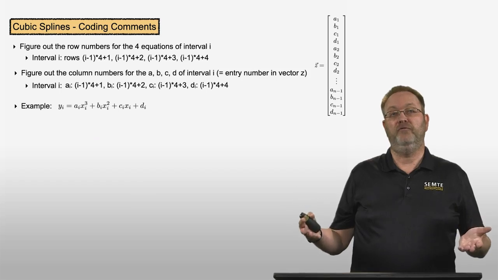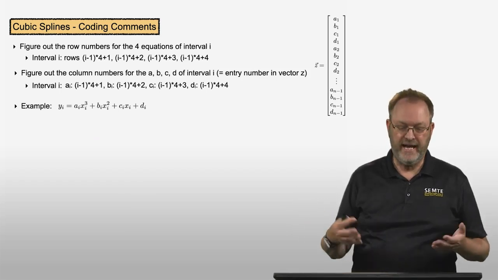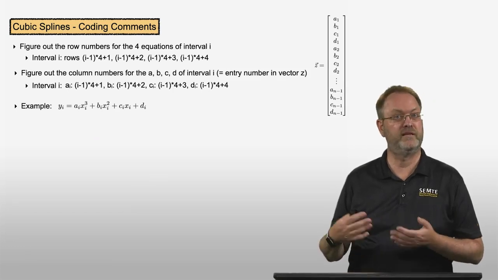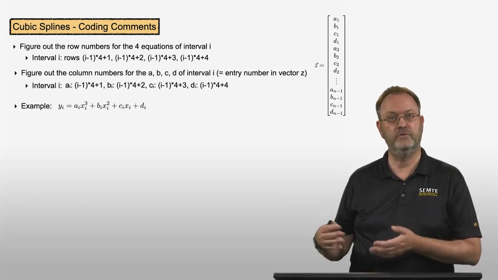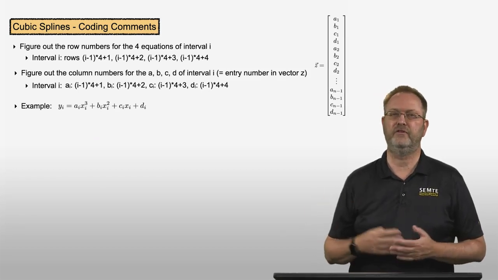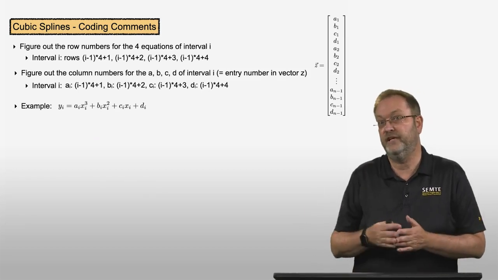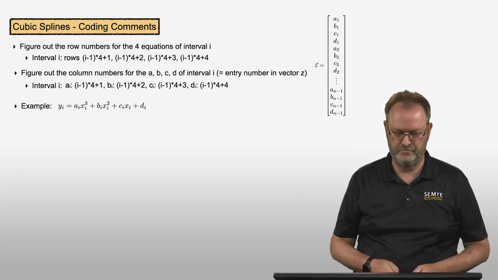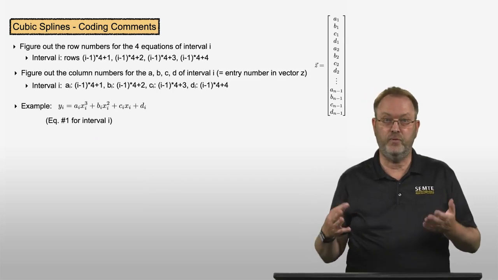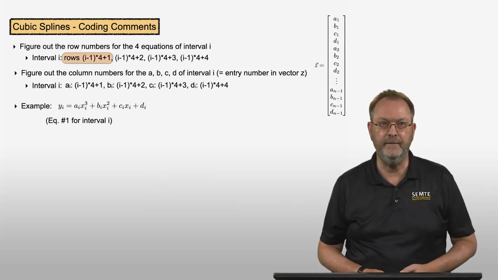And that would be for interval I, the ai would be in column number (I minus 1) times 4 plus 1, the bi plus 2, the ci plus 3, and the di plus 4. They come one after the other for the interval I in the vector, and therefore also in the columns of the matrix. So let's look at this first equation for interval I.